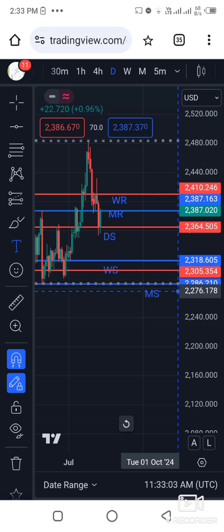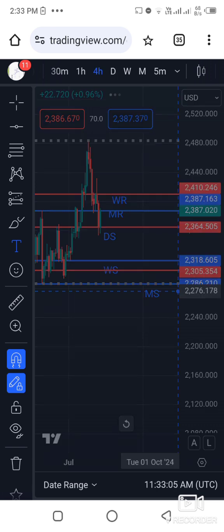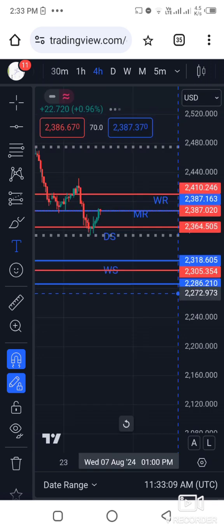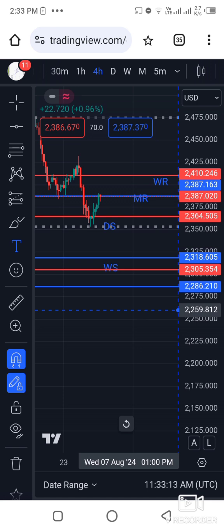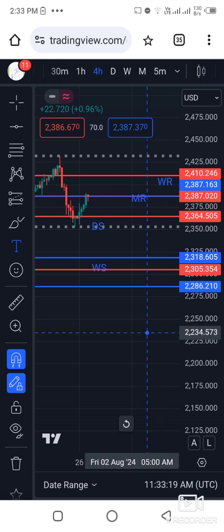Let's go to 4 hour. You notice from the 4 hour, we were at our daily support, and you can see we were trying to push for some buys from the dailies, and we tapped into the monthly resistance. We want to see what will be happening around that zone.